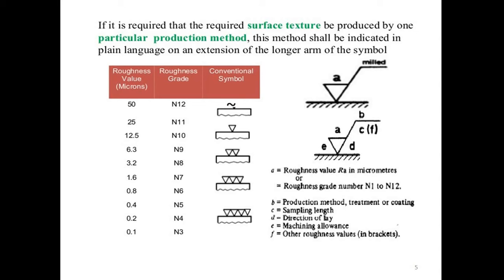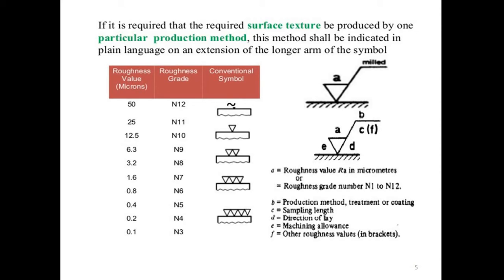For a particular production method, you have to indicate in plain language which machining process is required, that is turning, milling, grinding, super finishing, gear hobbing, any particular one, as a lot of methods are there.